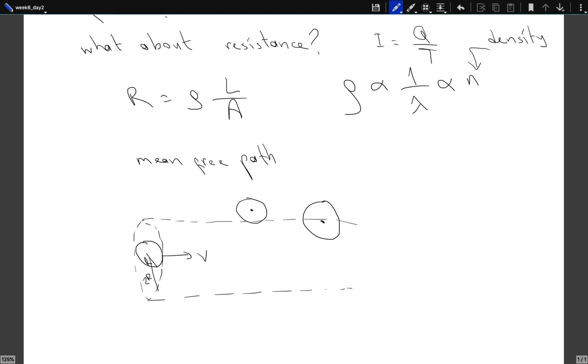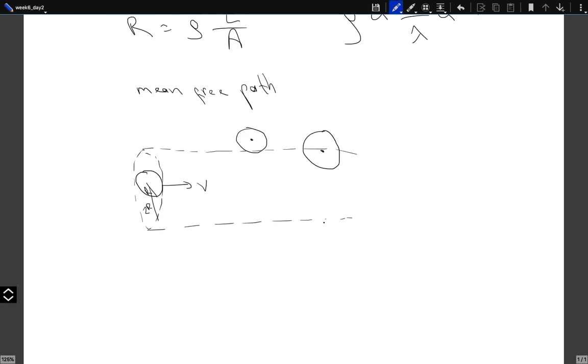If you want to estimate the mean free path, let's assume that it moves for a time t. During a time t, how many collisions will it make? The number of collisions will be the number of other particles within this cylinder. The cross-sectional area is pi times 2r squared.